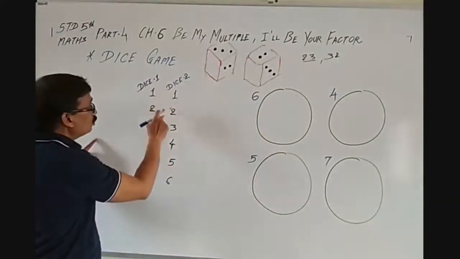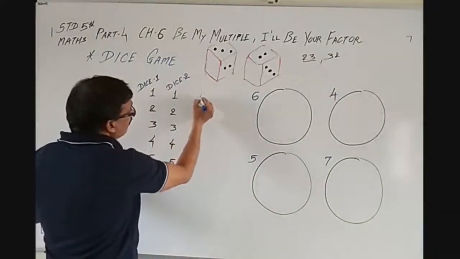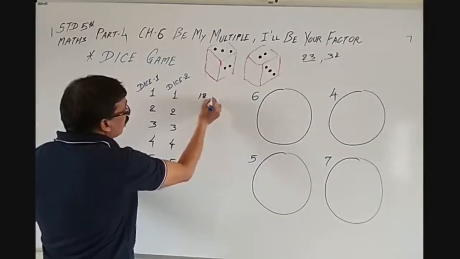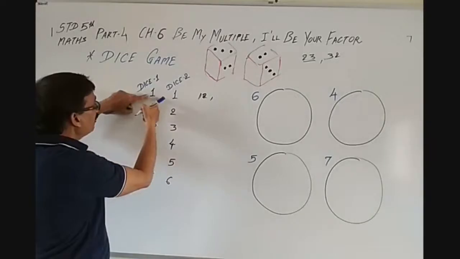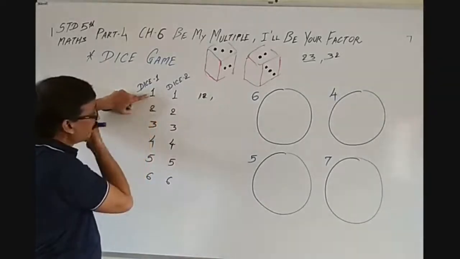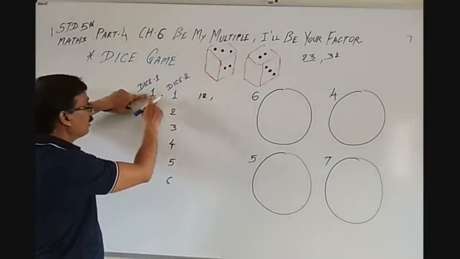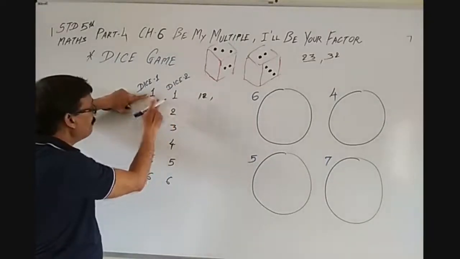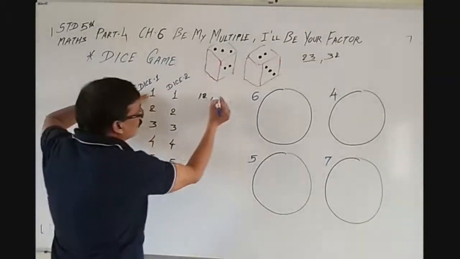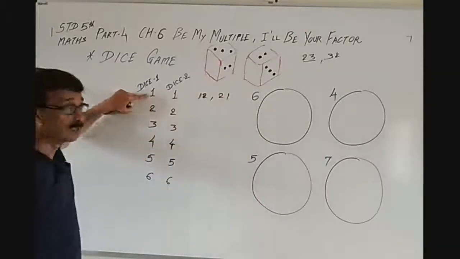Now 1 2, it may be 12 or it may be 21. We will go with this one only. Suppose on dice 1 there is 1 and on dice 2 there is 2. Then it may be 12 and 21. We can go for two numbers.